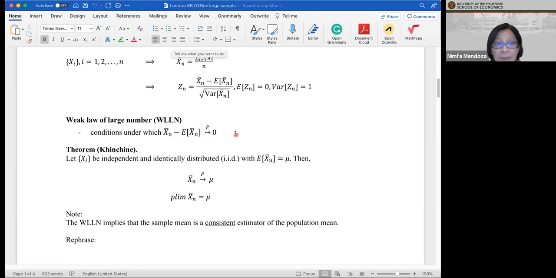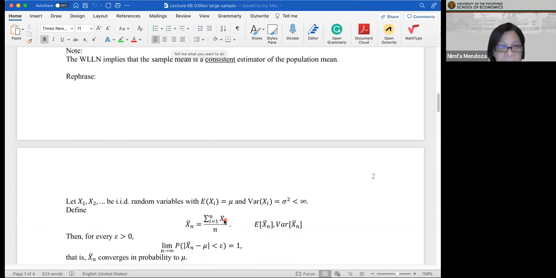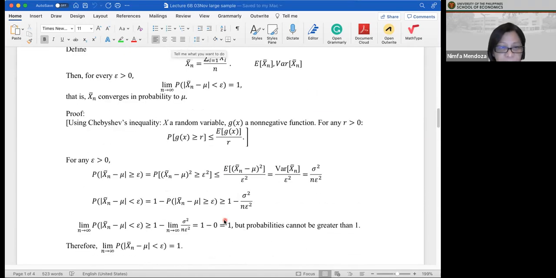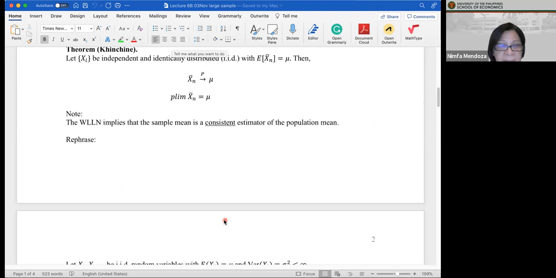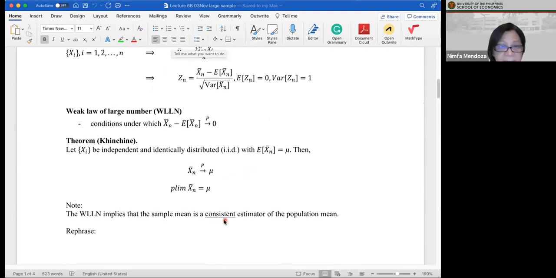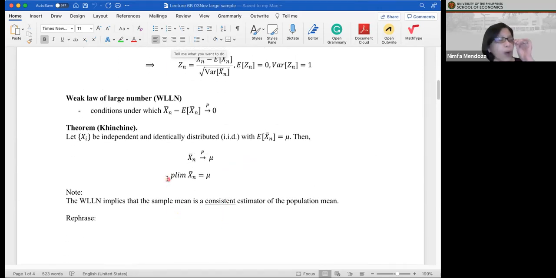There are different versions of the weak law of large numbers. We'll take probably the simplest version. For the weak law of large numbers, we're looking at the conditions under which X bar sub n minus the expected value of X bar sub n approaches 0 in probability.